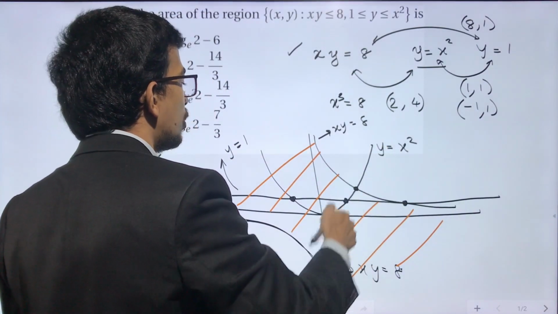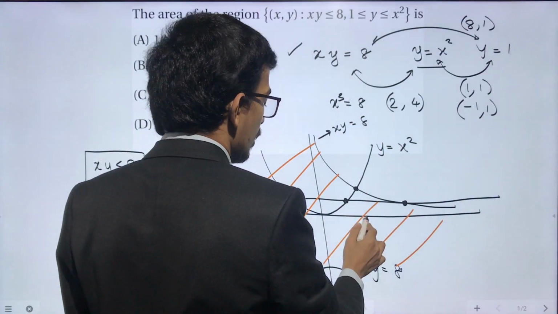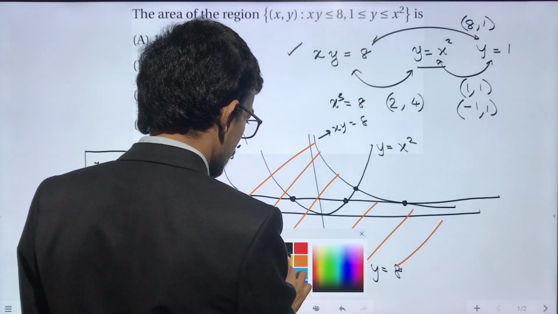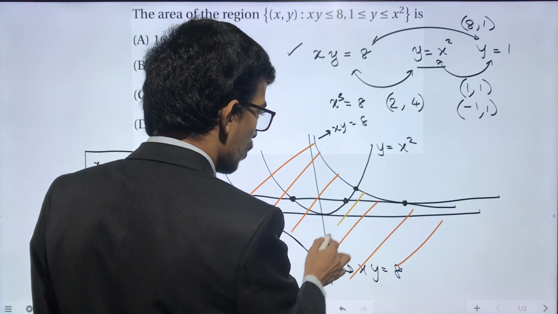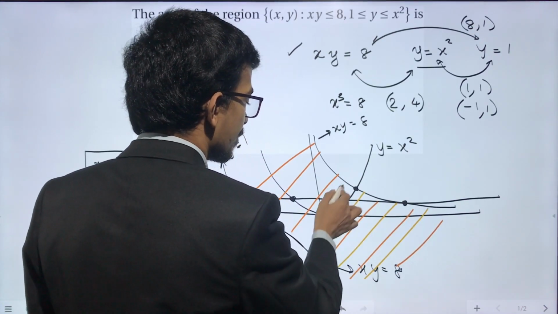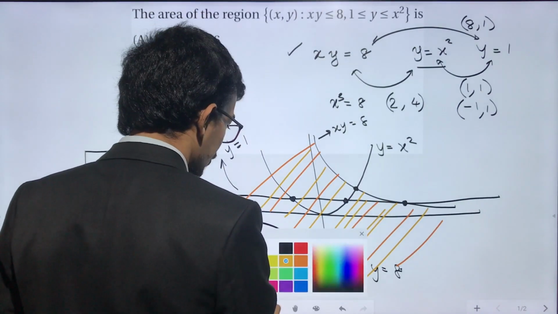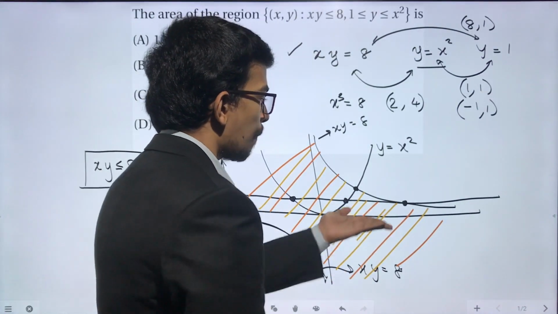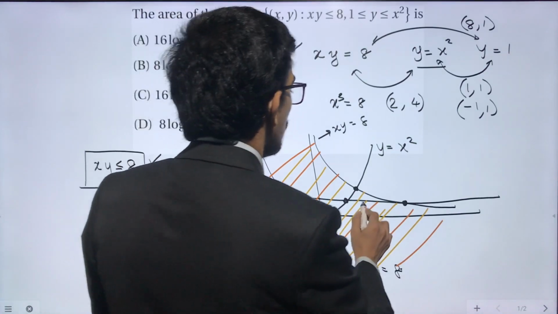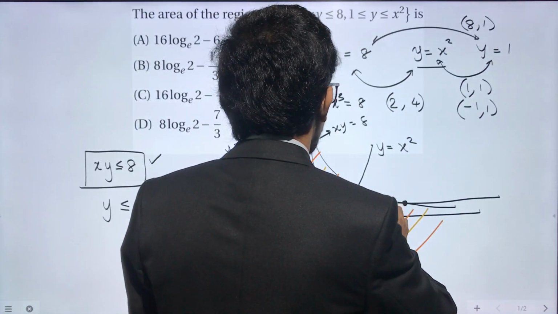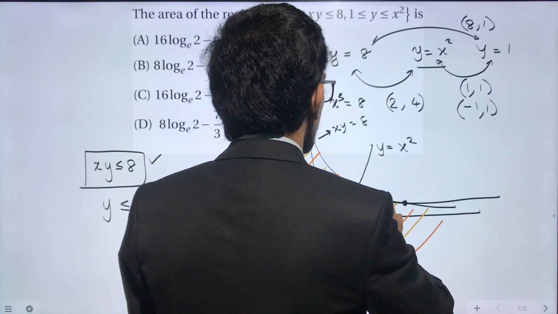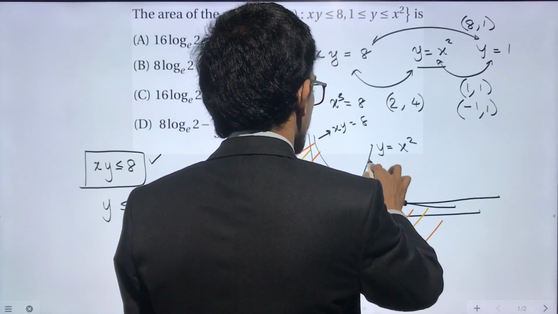This region includes this small region as well. Now we have to choose the region which is above the line and below the parabola. So that will be these regions.